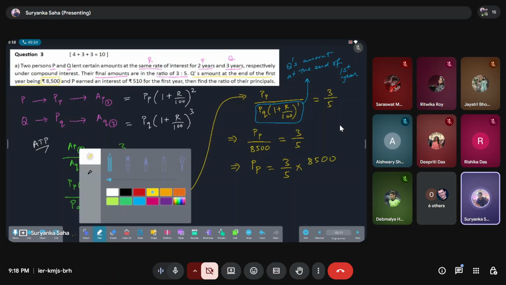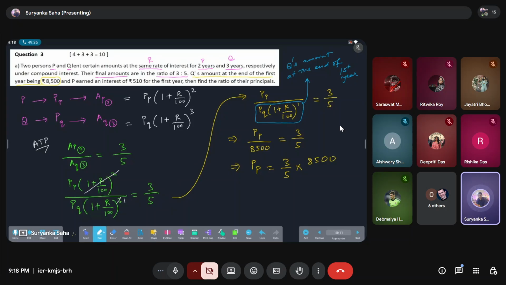If you cancel it out, you will get 3 into 1700, so 3 17s are 5100. That is the value of PP. PP is got. Understood? Till this much, everything is clear?